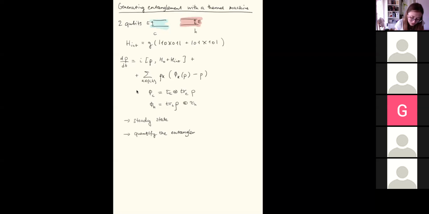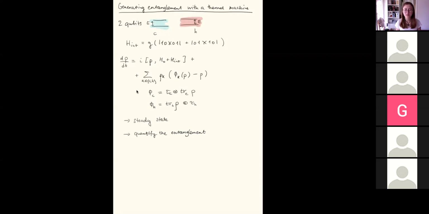So the idea of this exercise is, if the probability of coupling to the baths would always be 1, the states would always be separate, and there would be no entanglement between the cold qubit and the hot qubit.